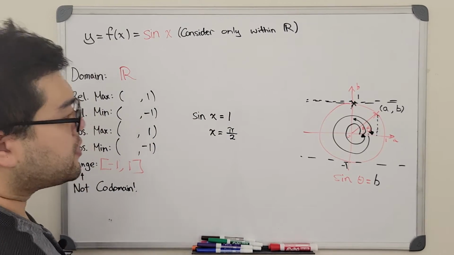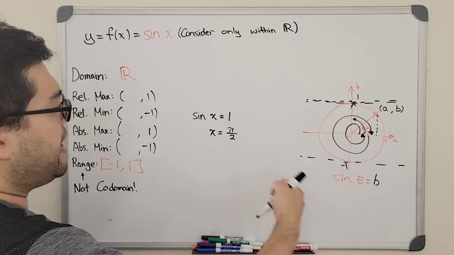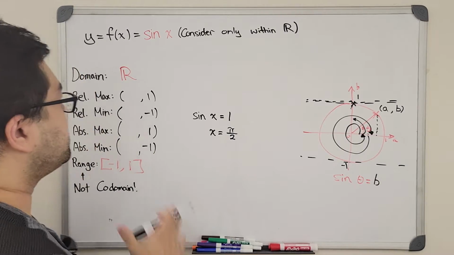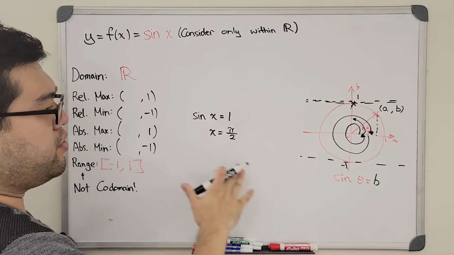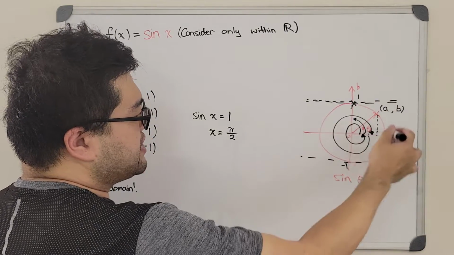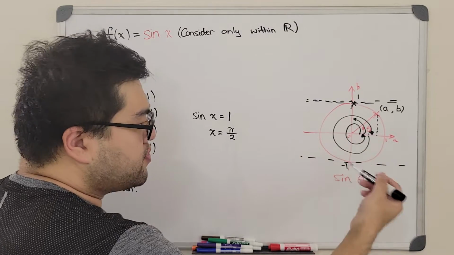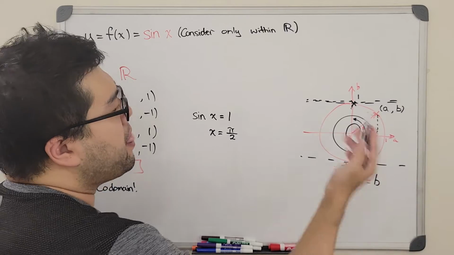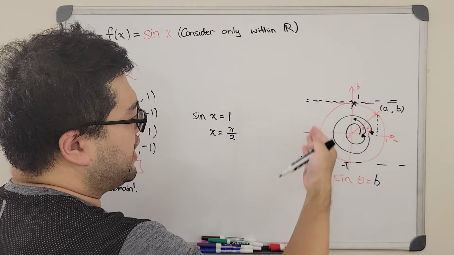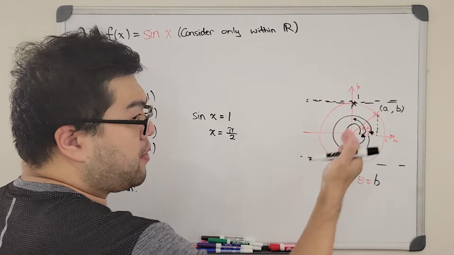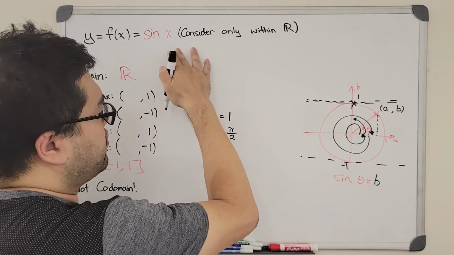But wait, we are saying that x is not just bounded between 0 and 2 pi. We have to consider the whole real line. So since we can actually get a cycle here by adding 2 pi or subtracting 2 pi, or multiple copies of 2 pi, we have something we call periodic if we look at the graph.